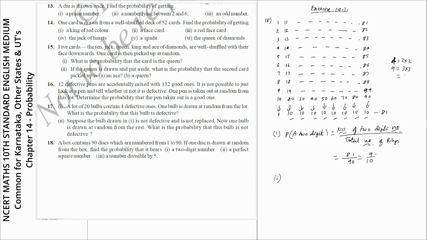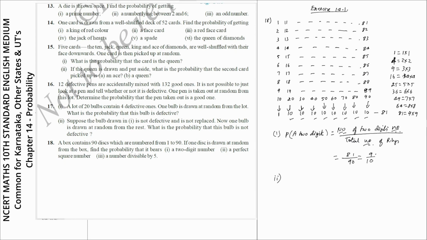What about 16? 16 also is a perfect square number, 4 into 4 is 16. And 25 is 5 into 5, 36 is 6 into 6, 49 is equal to 7 into 7, 64 is equal to 8 into 8, then 81 is equal to 9 into 9.